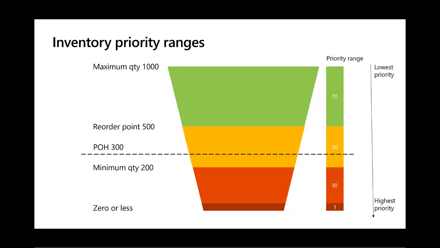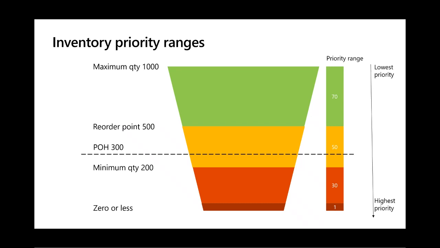In this case, I have defined my ranges as being 0 or less gets a priority of 1. From my 0 to my minimum gets a priority of 30. From my minimum to my reorder gets a priority of 50. And from my reorder to my maximum gets a priority of 70.